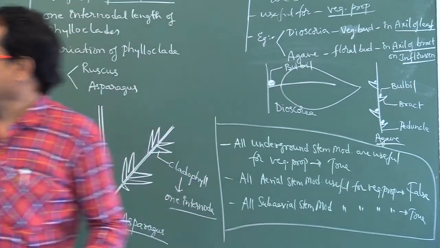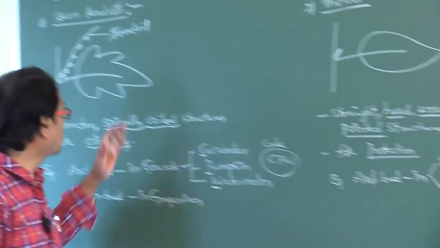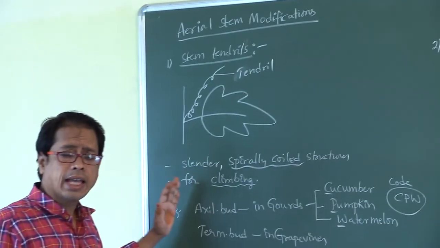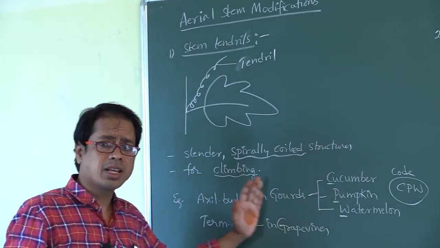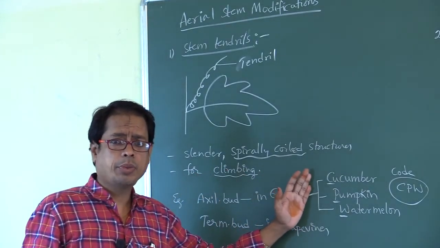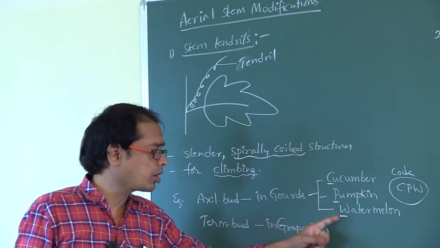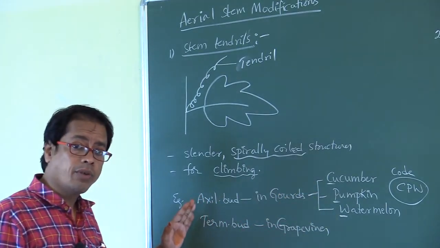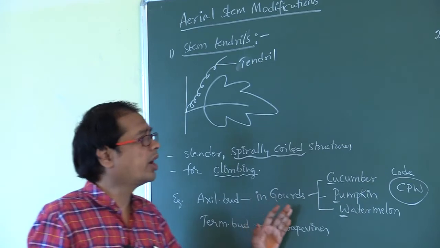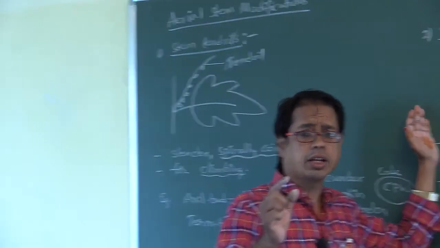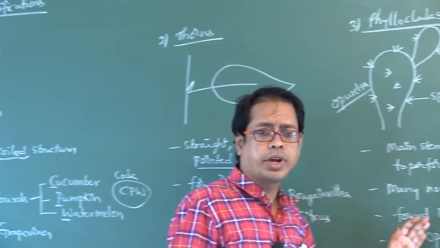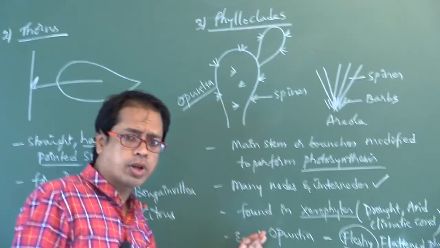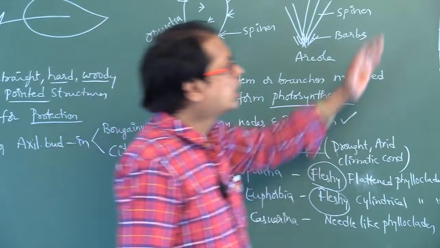So examples of stem tendril: axillary bud is modified into a tendril in gourds like CPW. CPW means cucumber, pumpkin, watermelon. Terminal bud is modified into tendril in grapevine. Thorns found in Bougainvillea, citrus. Phylloclades found in Opuntia, Euphorbia, Casuarina.